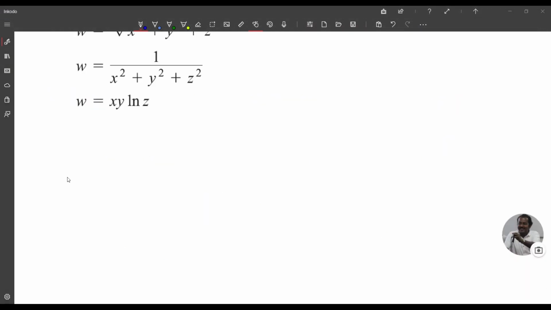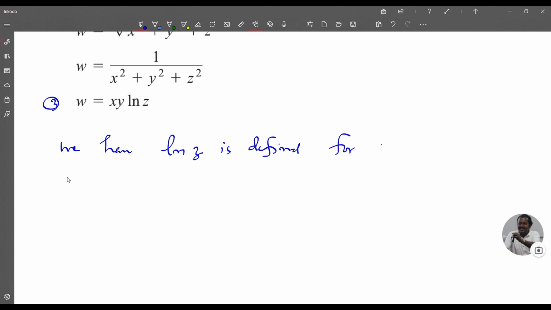Now we do problem number 3. We have ln z is defined for z greater than 0.